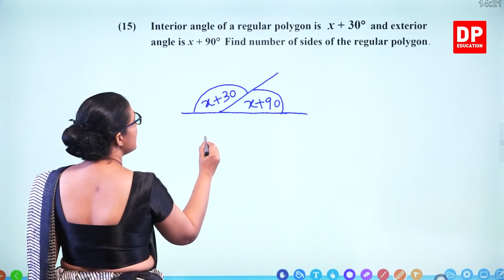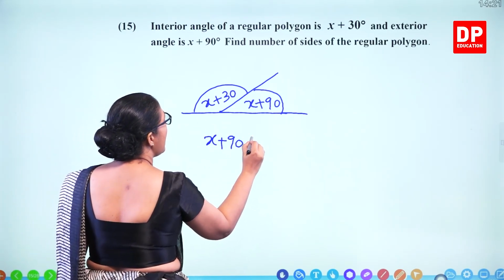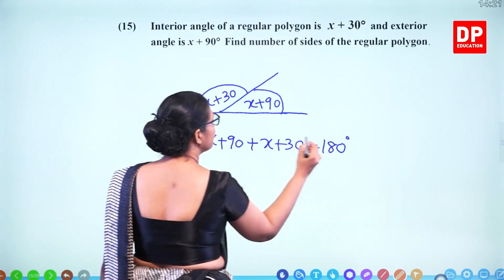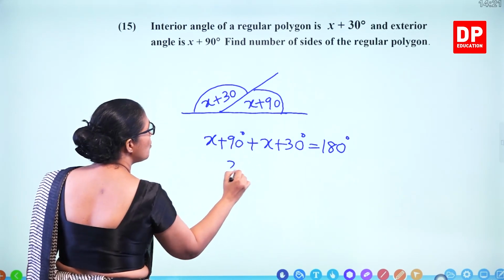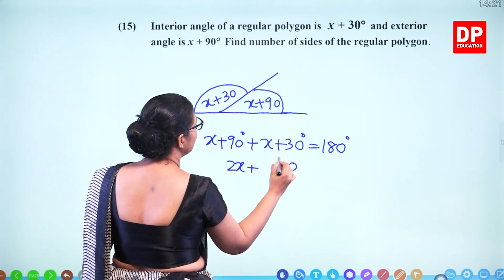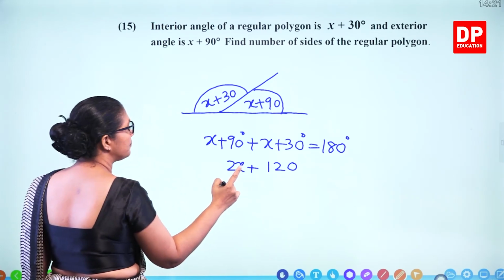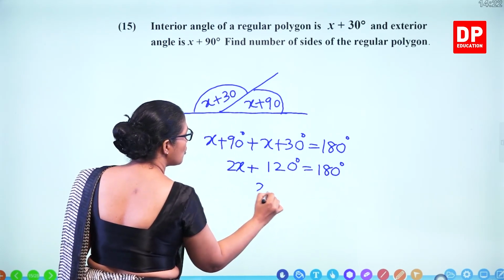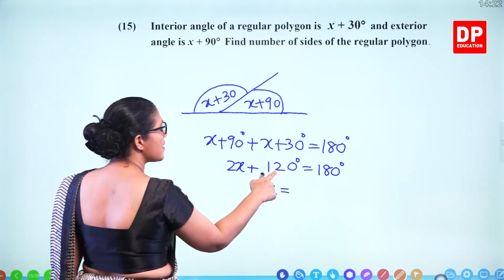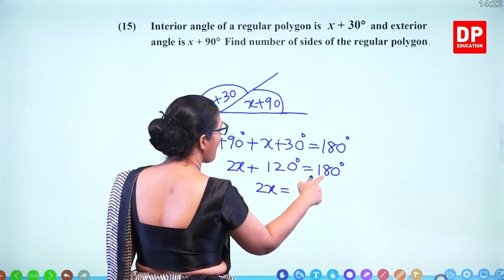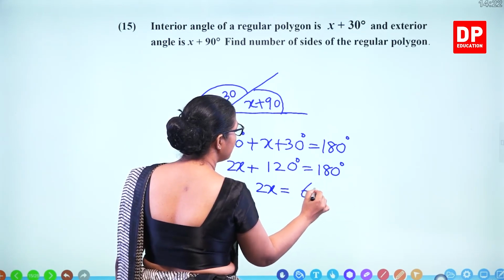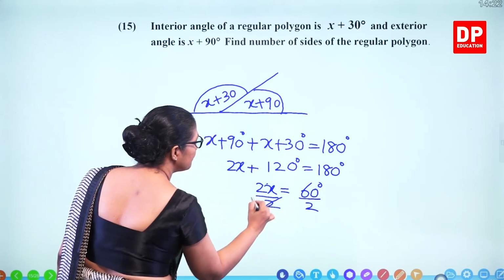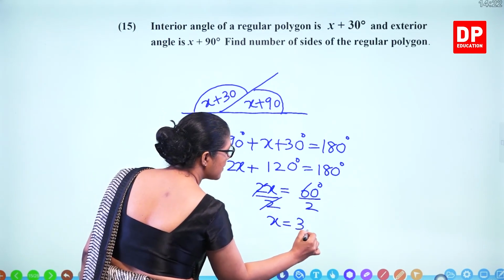So we'll solve this. x plus 90 and x plus 30 add up to 180. So 2x plus 120 is 180. So 2x equals 180 minus 120, that's 60. So divide by 2, x is 30 degrees.